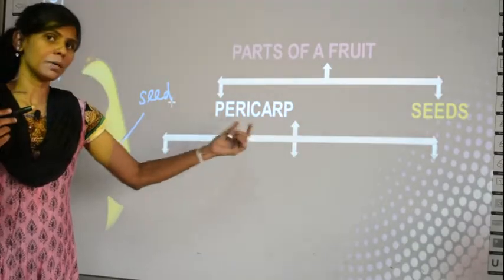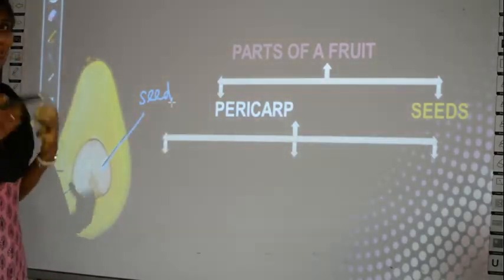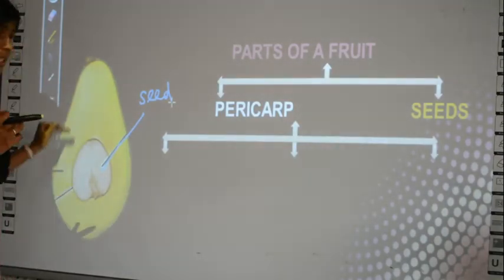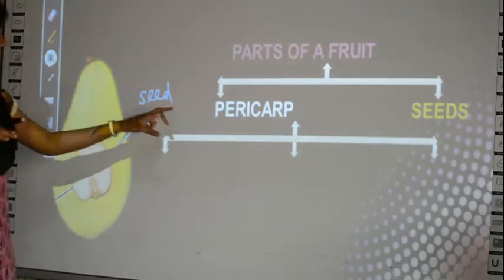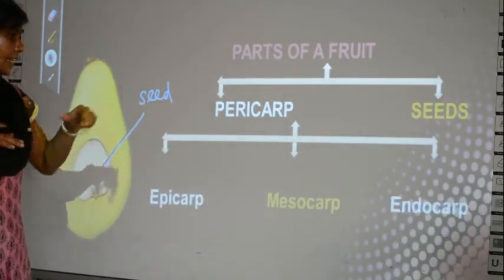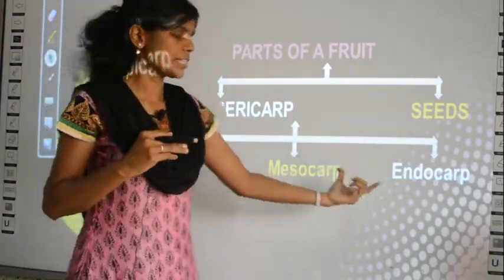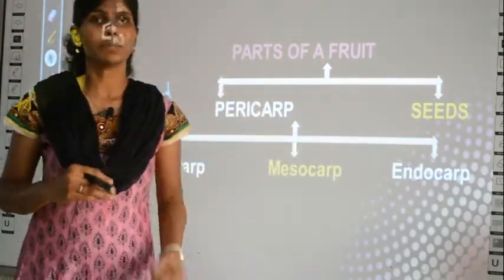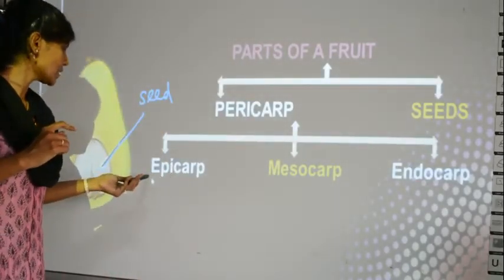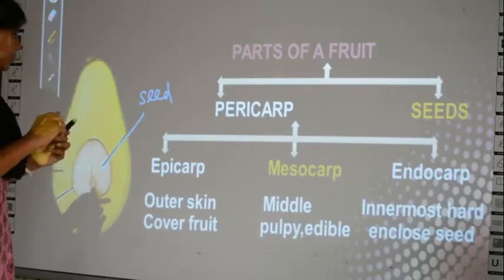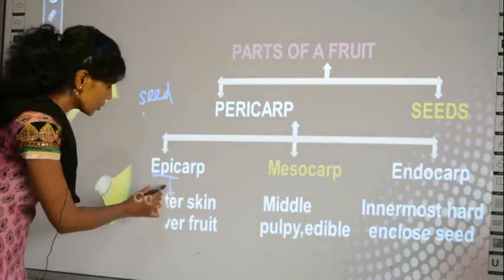Again, the pericarp is divided into three regions. This soft portion, this yellow color portion, can be divided into three parts called epicarp, mesocarp and endocarp. Always in biology, when you hear this word, epi means outside, epi means out.